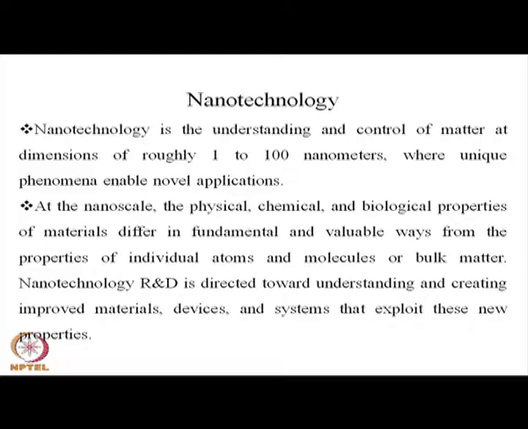Suppose you have a silver rod, suppose you have a silver atom, and in between you have silver nanomaterial. Their properties are different, their behavior is different. That is the main point of understanding in the nanomaterial world.